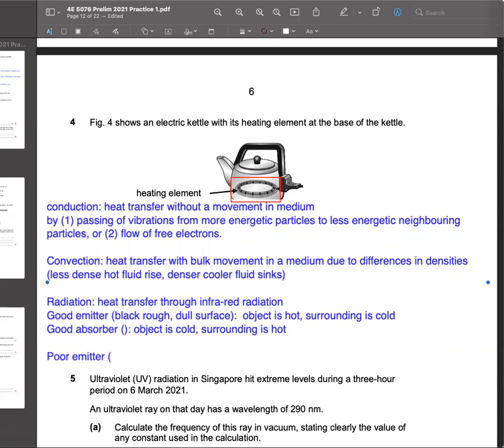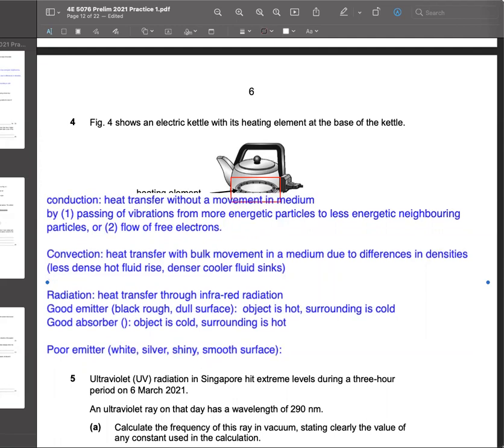Okay, when do we use a poor emitter? When the surface is shiny, white, silver, shiny. What else? Smooth. Okay, so again you must mention the word surface. Then same thing, the object is hot.